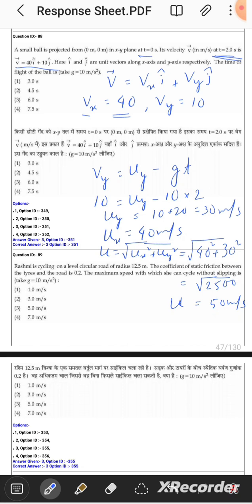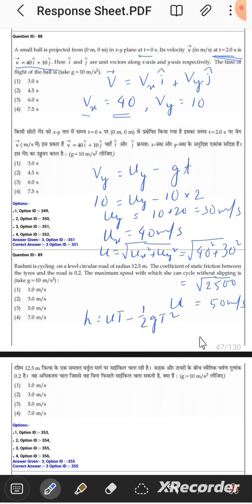As we have to find the time of flight, we can use the concept h equals ut minus half gt square.